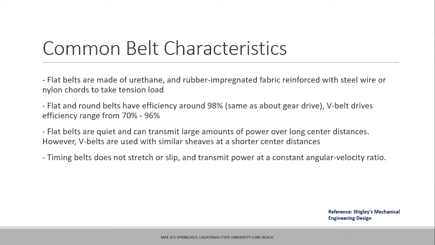So if there is no torque overload or no slippage, and you have properly selected belts for a given application and properly sized them, then you will get a power transmission efficiency of 98%. There will be no such losses that you will encounter because of the friction. So most of the power from the input side will be delivered to the output side with very negligible losses. So basically you have efficiency almost similar to gear drives.